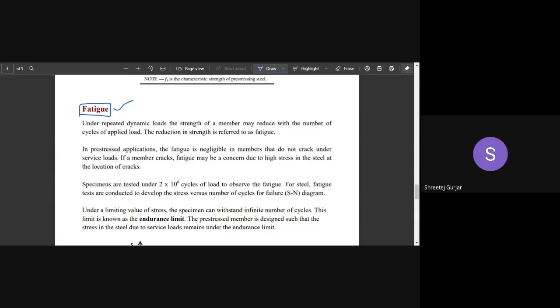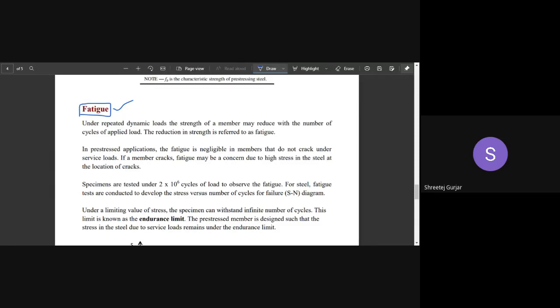So fatigue is a concern whenever cracks occur, especially at the location of cracks, where there is a high amount of stress in your steel. So we have to deal with fatigue wherever cracks occur. So remember this point.